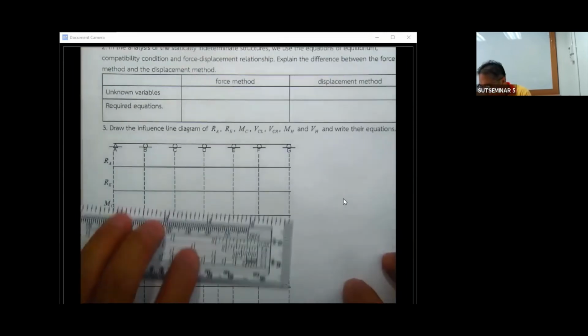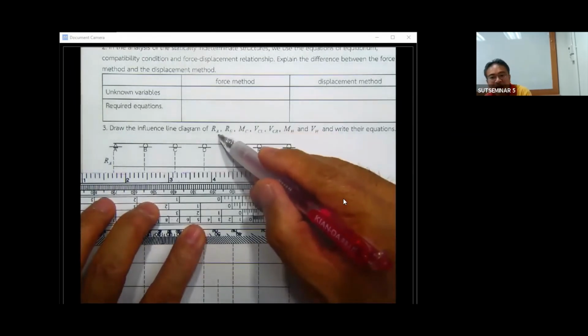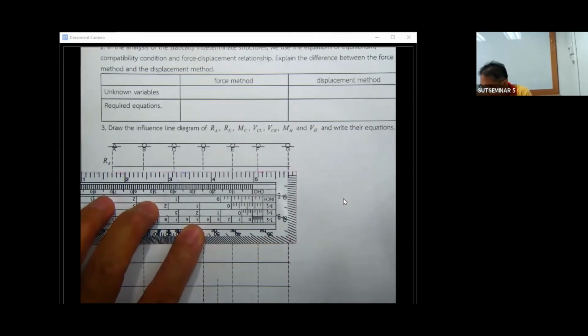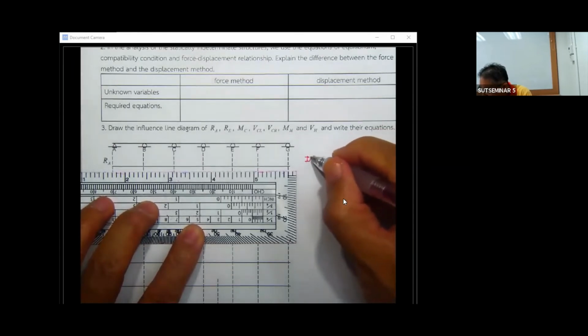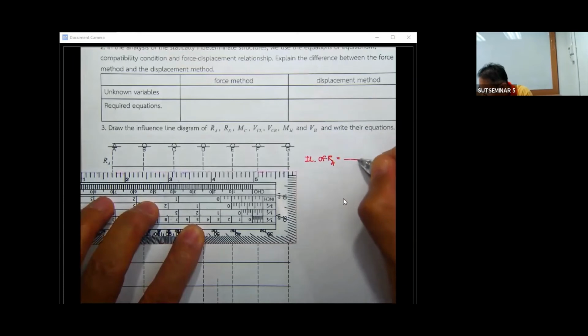Okay, first we'd like to determine the influence line of R sub A. We have the equation: the influence line of R sub A is equal to the ratio of what?